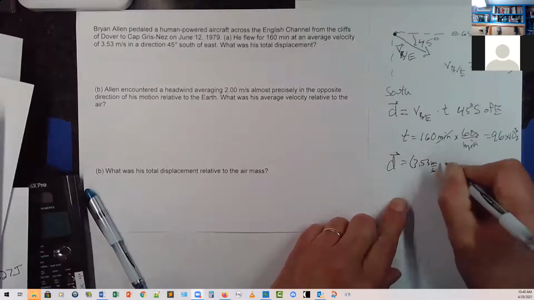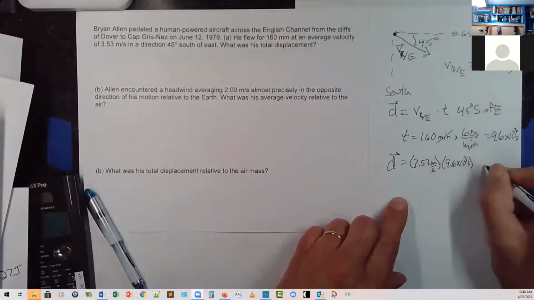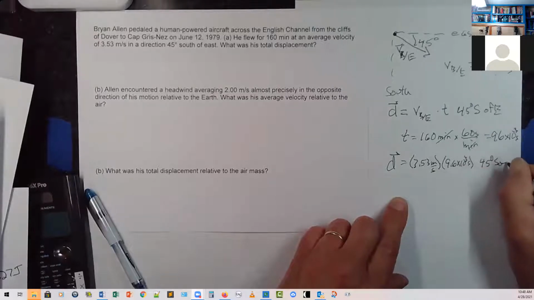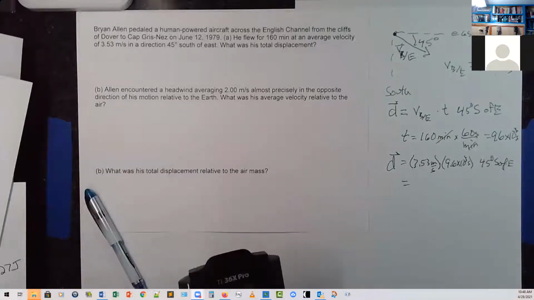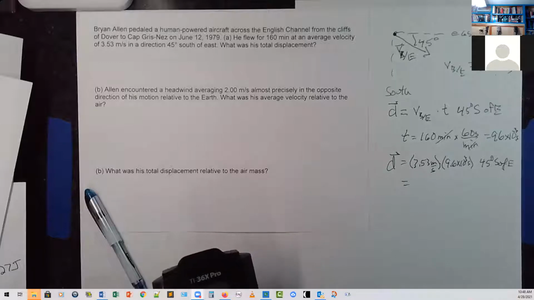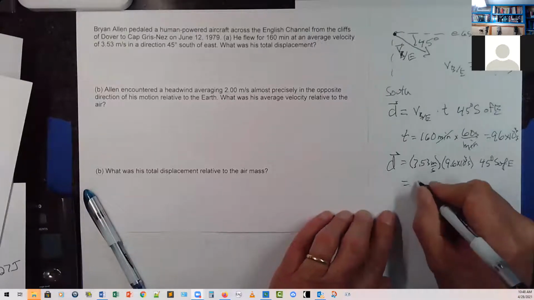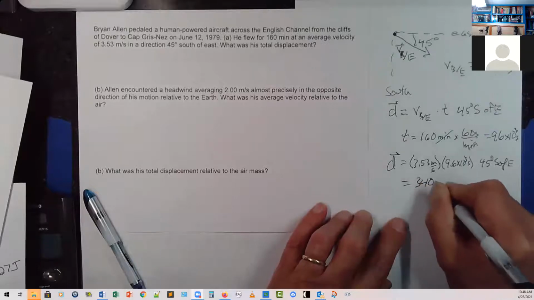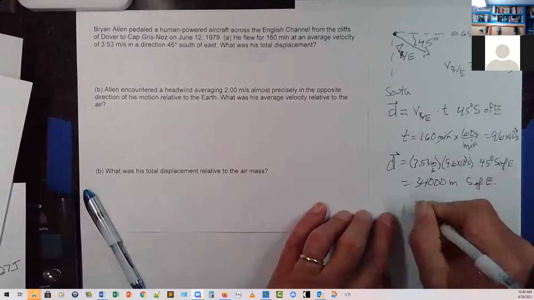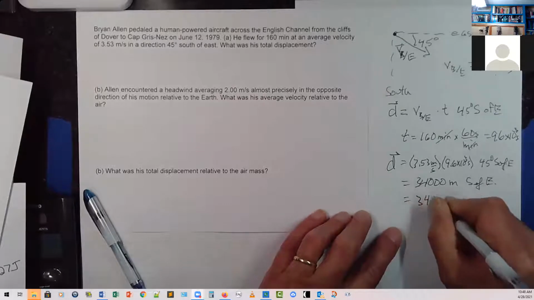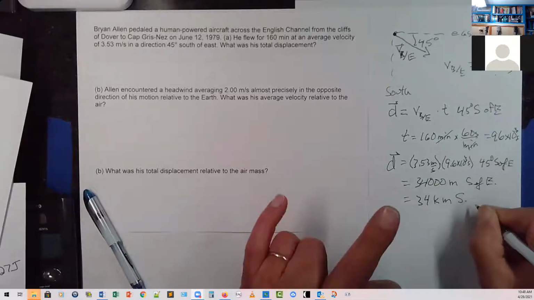3.53 meters per second times 9.6 times 10 to the third seconds, and this will be 45 degrees S of E, which ends up being, let's see, and I get 34,000 meters south of east, or that would actually be 34 kilometers, which is the way they would measure it over there, they being metric countries both.